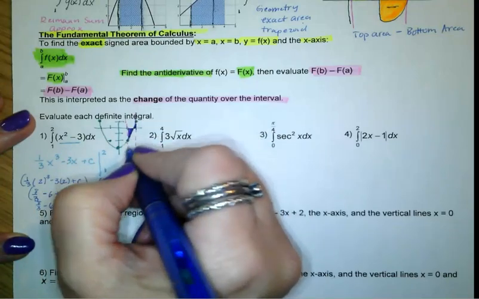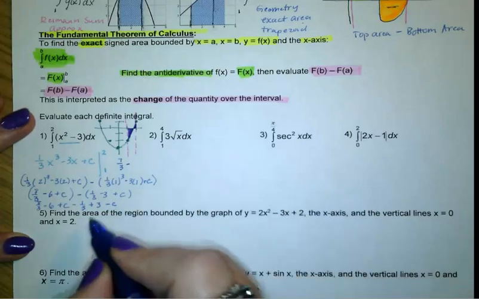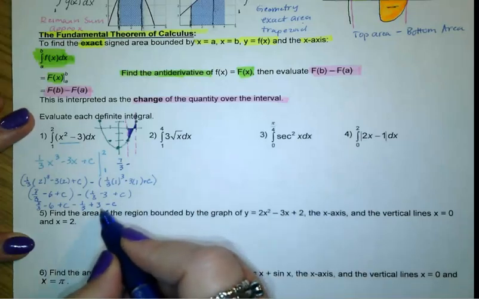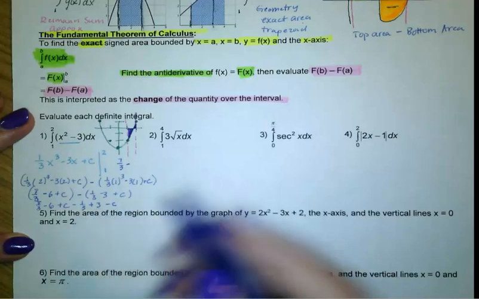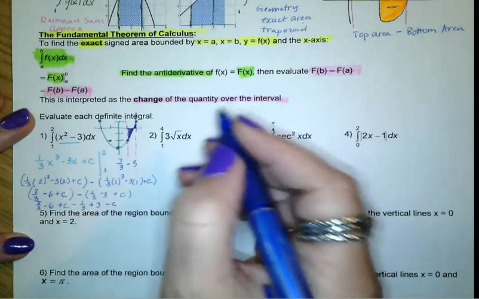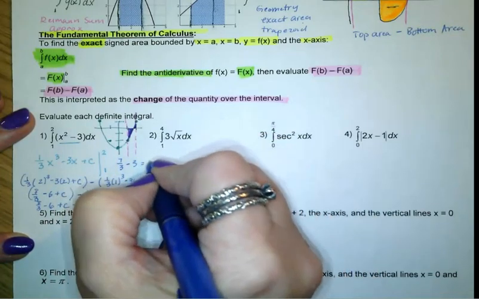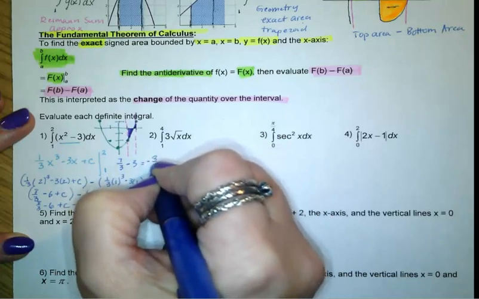I'm going to get 7 thirds there minus, and over here I have 1/3 plus 3/3, so 9 thirds minus 1/3, so that's going to give me minus 3. And so I can find my total area here to be negative 2/3.